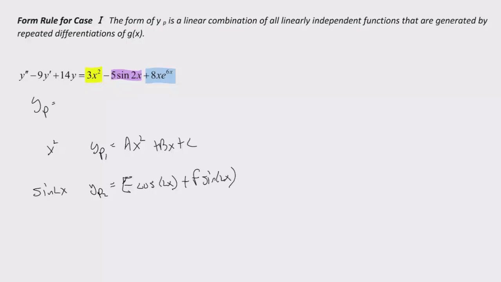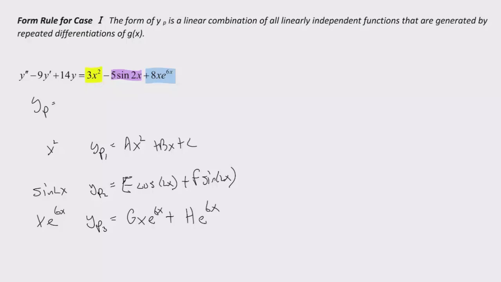And then for the x e to the 6x, I know that's going to look something like gx e to the 6x plus h e to the 6x. Again, you can imagine if we actually were to do that solution, that would be, I don't know, 45 minutes of our life we're not getting back.